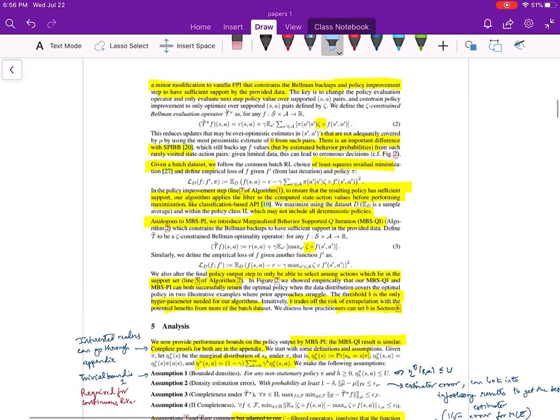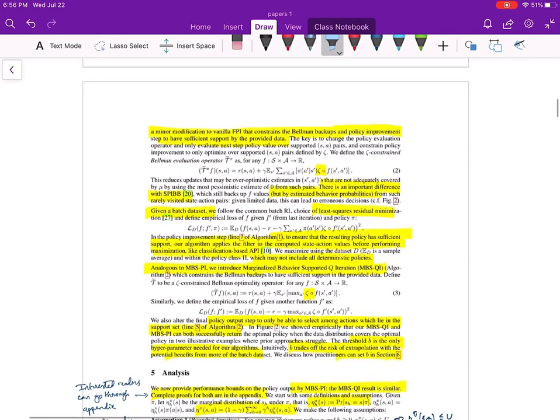So now getting back here. So yeah, manual modification of vanilla API is made. Which is this part where they add the filter function, which encapsulates the constraint of the dataset policy.